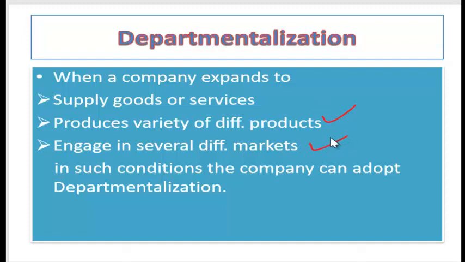For example, if I'm talking of the car, there could be an SUV market, because there's competition coming up from Hyundai, so Maruti Suzuki adds things in terms of SUVs, hatchback cars, or sedan type cars. So there are different markets you can touch.